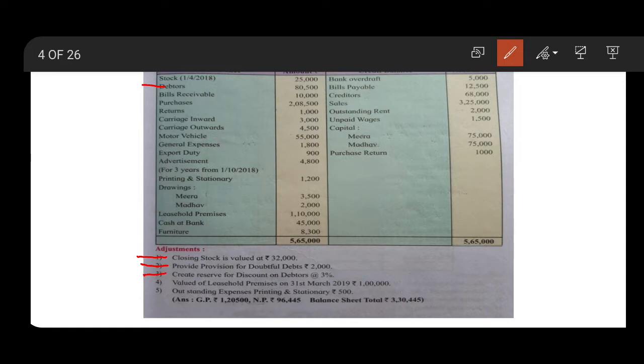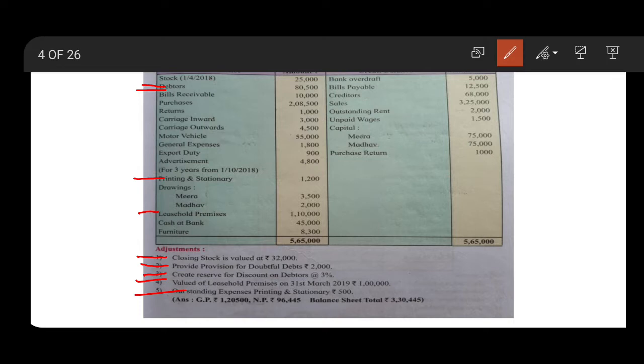Again an adjustment on debtors, so another marking for debtors. Here we have marked debtors twice. The next is the value of leasehold premises, so mark leasehold premises. The next is outstanding expenses for printing and stationery, so find printing and stationery and mark it.